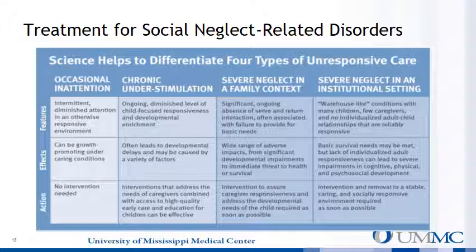These may be overwhelmed caregivers, unable to give the attention that their children require, as well as aspects of interventions that are focusing on high-quality early care and education for the children. Now, when the neglect is more severe and occurs in family contexts, interventions may focus on training caregivers to be more responsive to their children's needs. And when the severe neglect occurs in institutional settings, interventions typically require removal to stable, caring, and socially responsive environments as soon as possible.